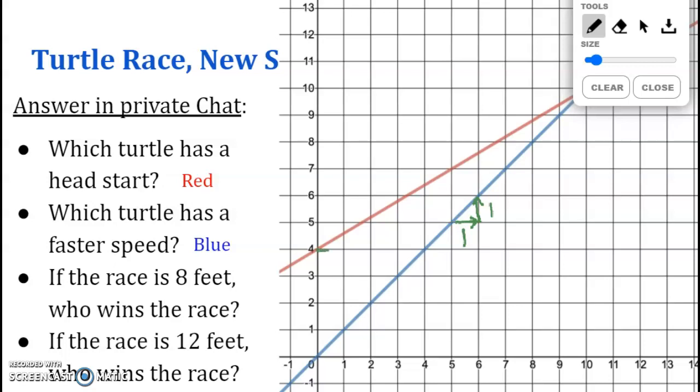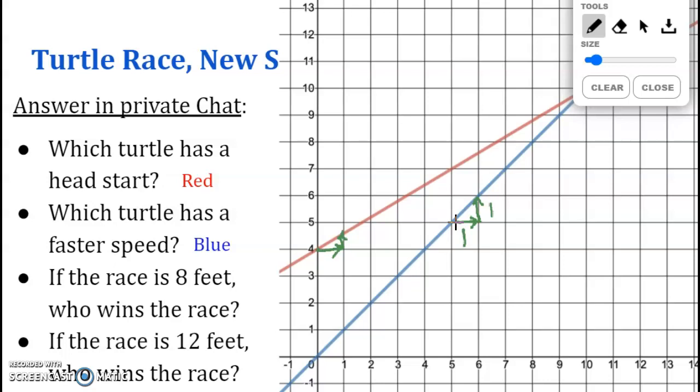Every time 1 second passes, how far did it go? Less than a foot, maybe a half, maybe 2/3 or something like that, compared to 1 foot here. So the blue turtle is going faster because it is steeper.